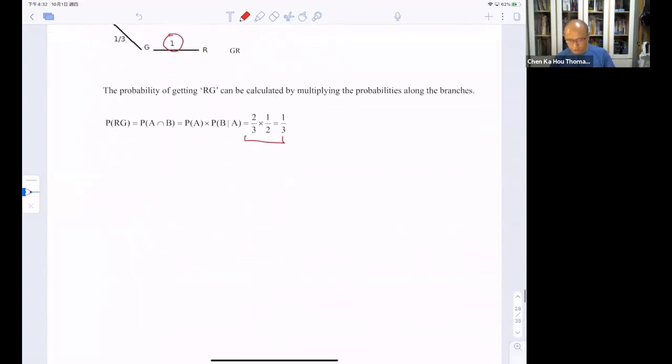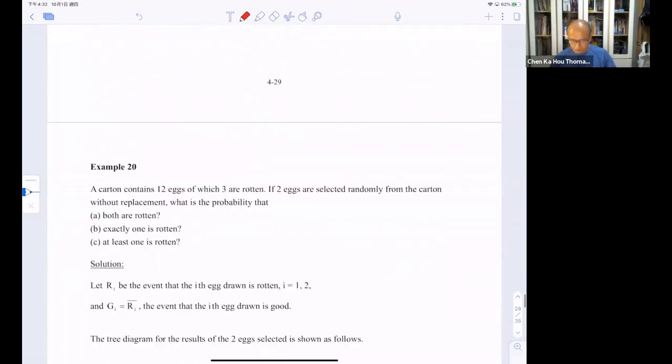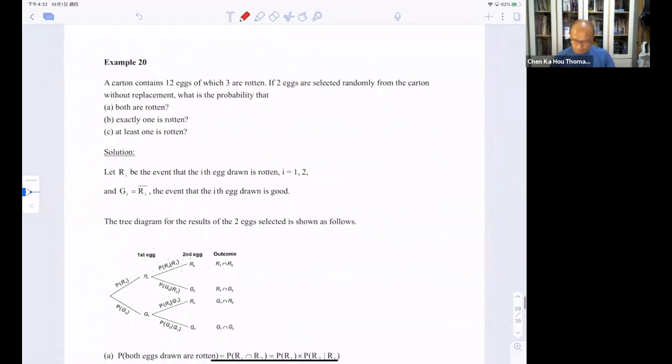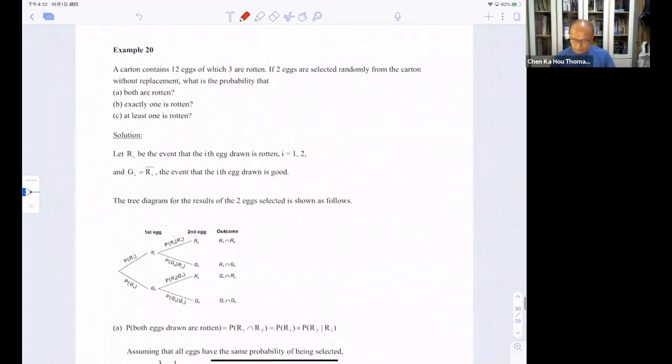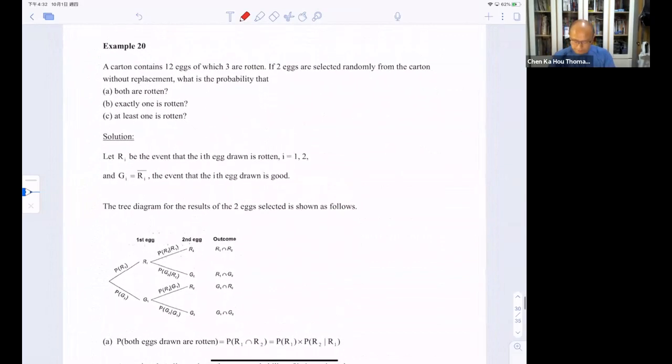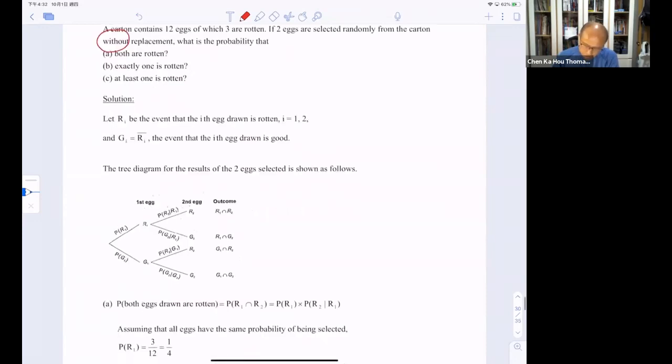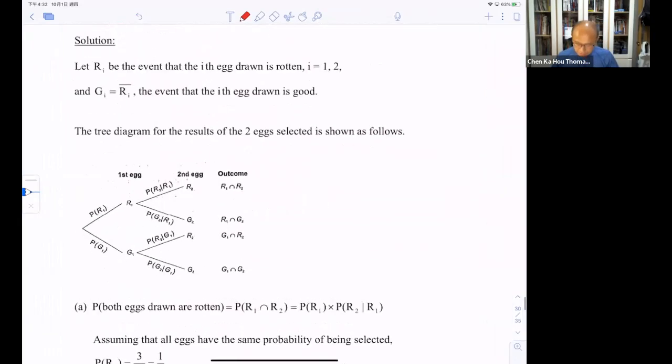So understand from this illustration how to use the tree diagram. In the tutorial, some questions will be given to you to practice the tree diagram. Example 12 is similar: there are 12 eggs, of which 3 are rotten, and 2 eggs are selected at random without replacement. So you draw a diagram first.